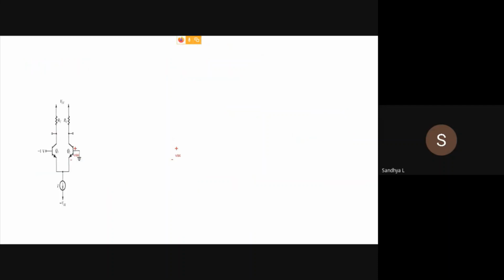Now, next case is when VB1 is minus 1 volt and VB2 is 0. So as I previously said, there is a difference in the working of a transistor when a transistor will be switched on or off when you're considering the transistor as a standalone transistor and when you use the same transistor in a differential amplifier.